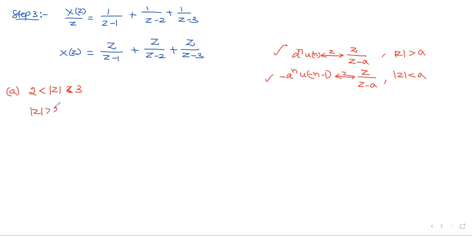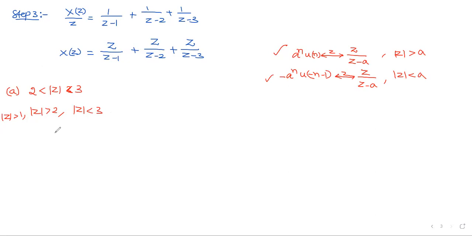From here, mod Z is less than 3. Z is greater than 2 means obviously Z will be greater than 1 only, no? If it is greater than, it means right-sided signal. If it is less than, it means left-sided signal. So now mod Z is greater than 1, mod Z is greater than 2, mod Z is less than 3. So now what is the X of Z here? This is right side, this is right side, but this is left side.